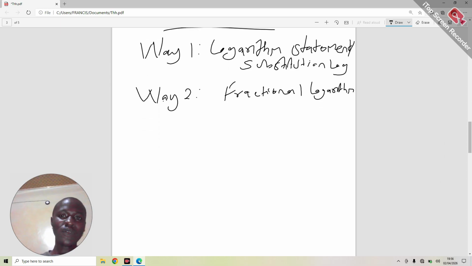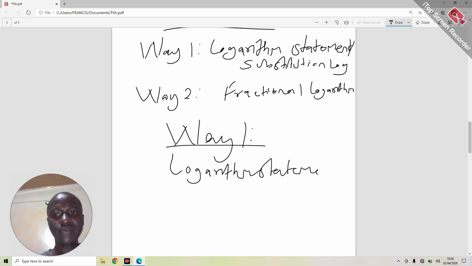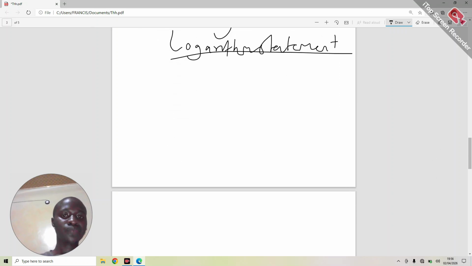Let us continue. Let us take on way number one. Way number one is a logarithm statement. This is where an examiner gives you two logs that are equal to certain decimal places he or she has indicated.